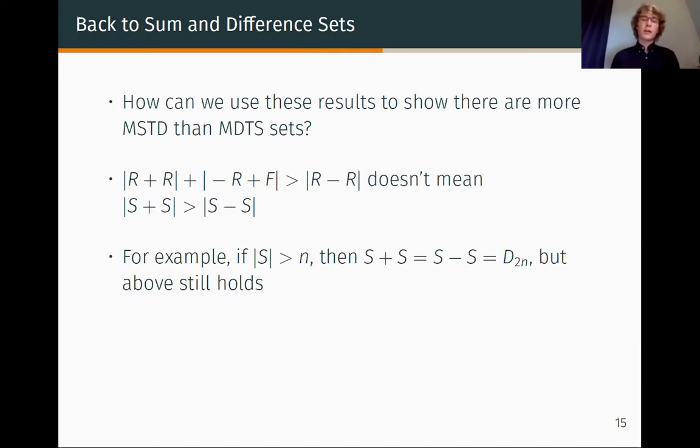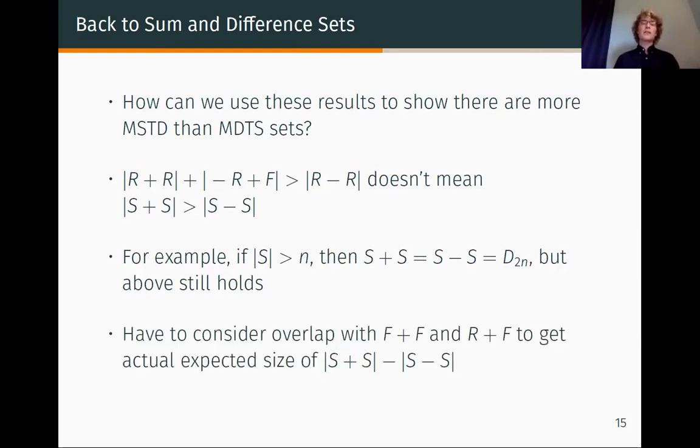In particular in this case, usually what happens is that r plus r and r minus r both contain all the rotation elements. So those two sets are equal. So just the fact that we have any reflection elements from negative r plus f will mean that the left-hand side of this equation is bigger, but the sum set and the difference set overall still have the same size.